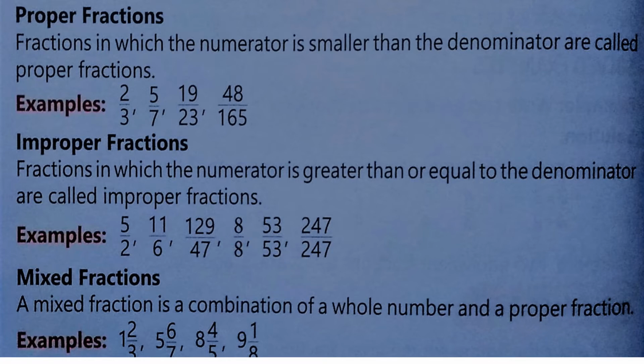So now mixed fraction. A mixed fraction is a combination of a whole number and a proper fraction. As you can see here, 1 is a whole number and 2 by 3 is a fraction. That means we can write 2 whole 4 by 7, 5 whole 9 by 10. 5 is a whole number and this is the fraction, and what fraction is this?